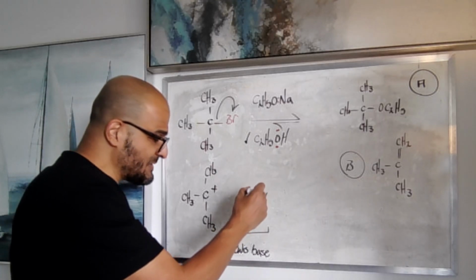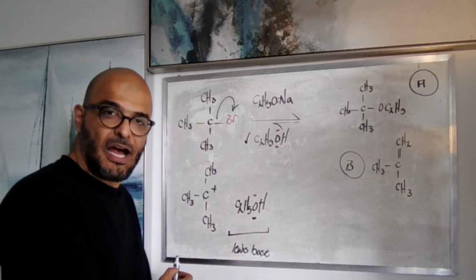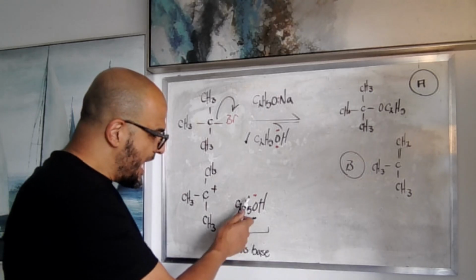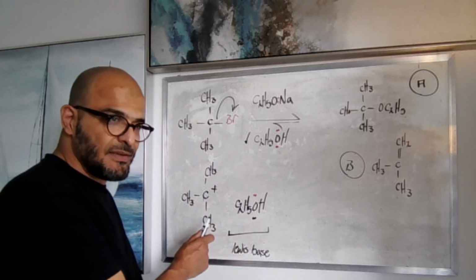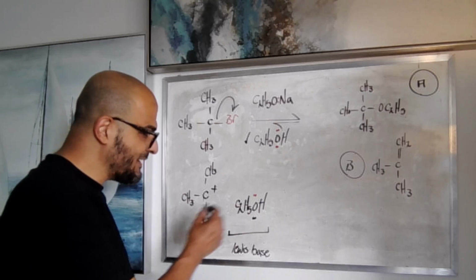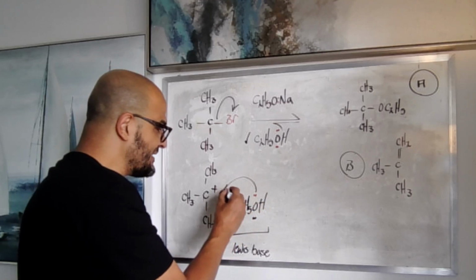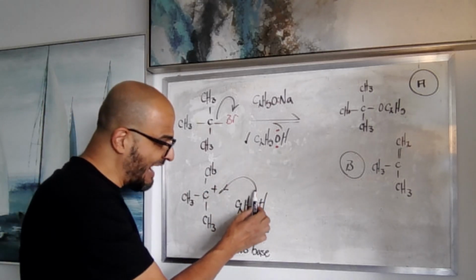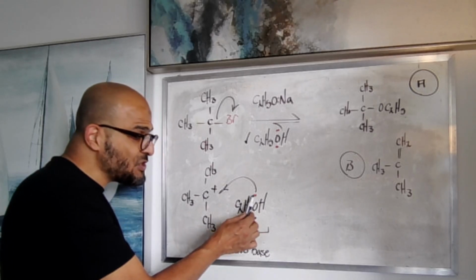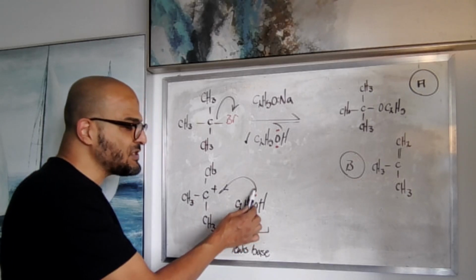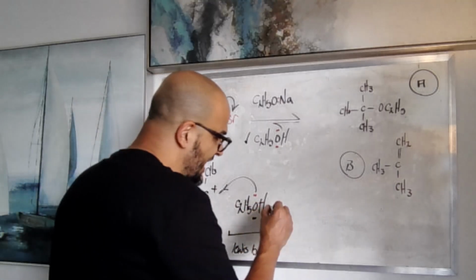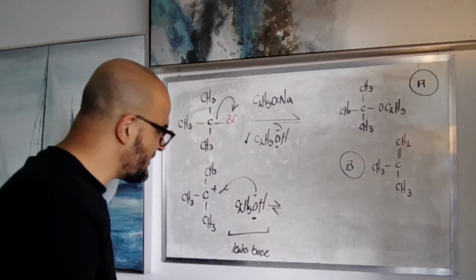The electron pairs that we have over here on the oxygen can find themselves in close vicinity to the carbocation in the solvent, and attack this carbocation. The arrow which I show indicates the direction of the migration of these lone pairs. If this happens, what may we end up with?